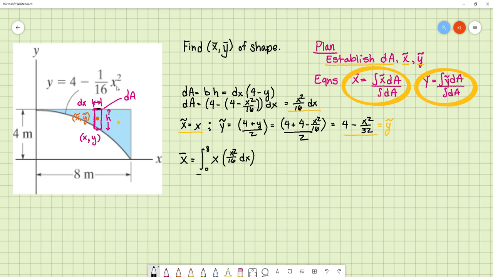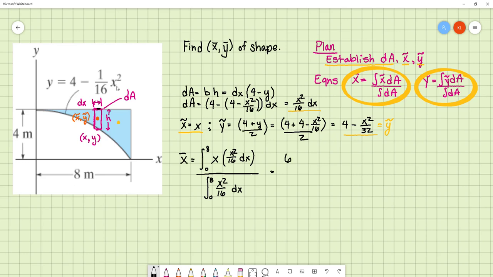And we are going to divide that by the integration of dA, which is 0 to 8 of x squared over 16 dx. Now this is statics, this isn't a calc class, so go ahead and use those calculators and plug in these values. And let the calculator do the definite integral for you.